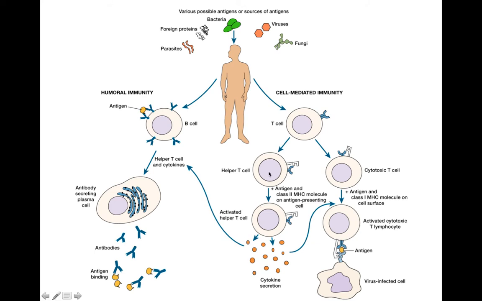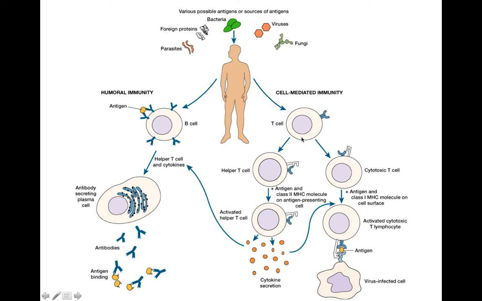It needs to become activated right after seeing its antigen on an MHC class II. It becomes activated, it replicates, then it goes to look for its partner B cell. When they find each other, then the B cell can differentiate into a plasma B cell and secrete antibodies.